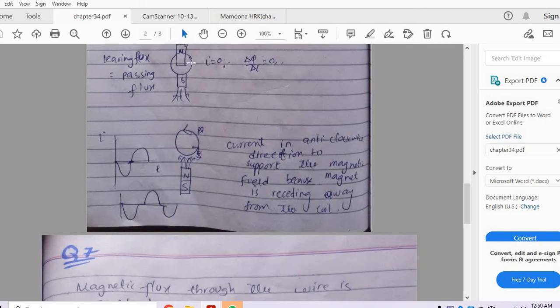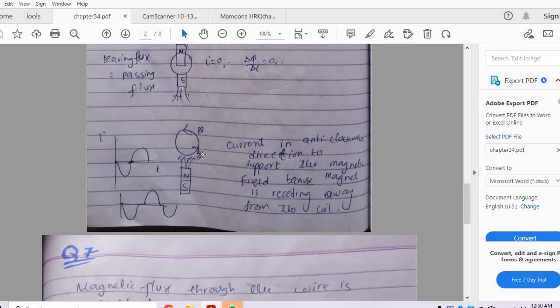After that, when the bar magnet has finally passed through this loop, then we have north here and south here. As the bar magnet is receding away from this loop, it will induce a current in a direction just to support the magnetic field, because the magnet is receding away from the coil and the induced current doesn't like the change.